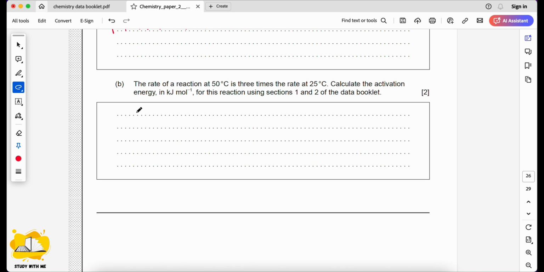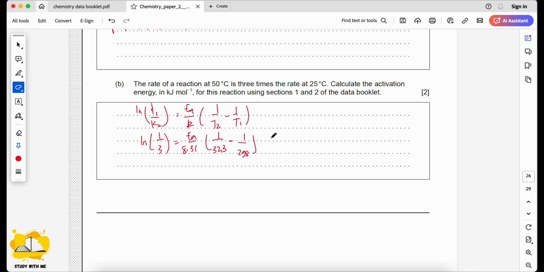Basically it is the formula ln(k1/k2) = Ea/R (1/T2 - 1/T1). Because it's 3 times, it would be 1/3. Ea = ln(1/3) × 8.31 divided by (1/323 - 1/298), because it's 50 degrees Celsius and 25 degrees Celsius.